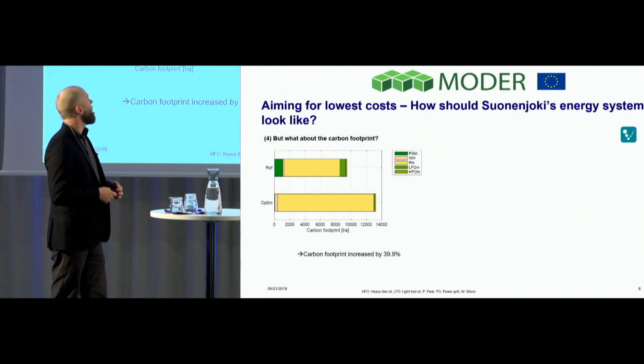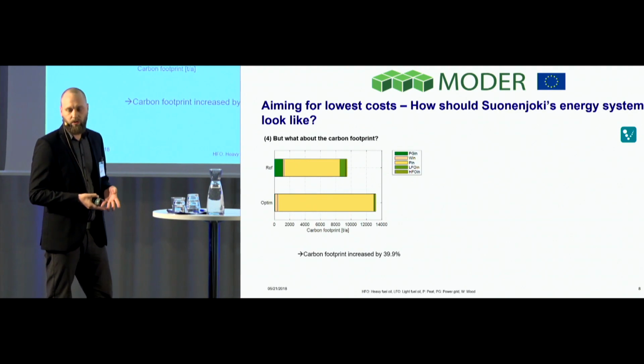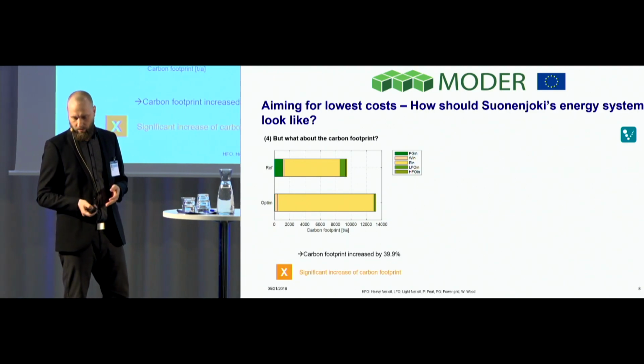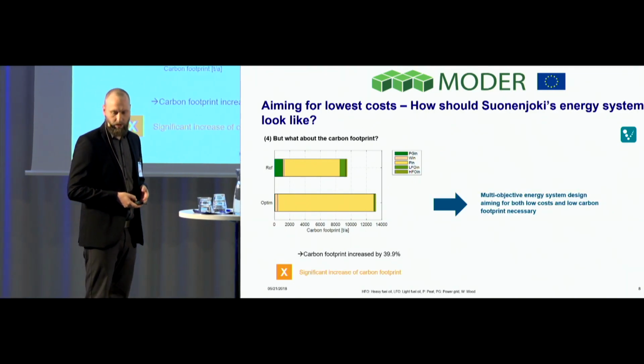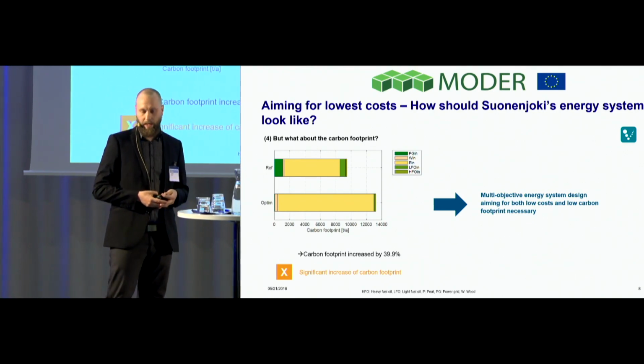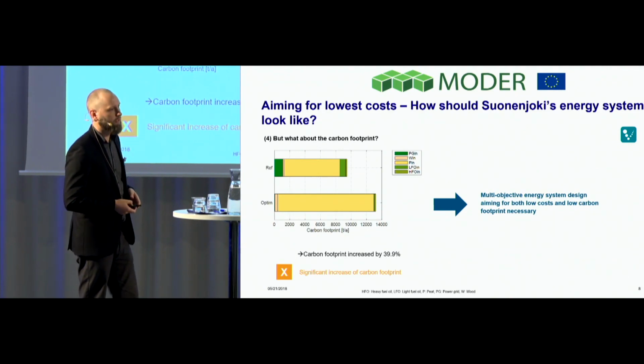So then you have to optimize more than one parameter, not only costs. The next thing that was done was a multi-objective energy system design, aiming for both low costs and low carbon footprint.